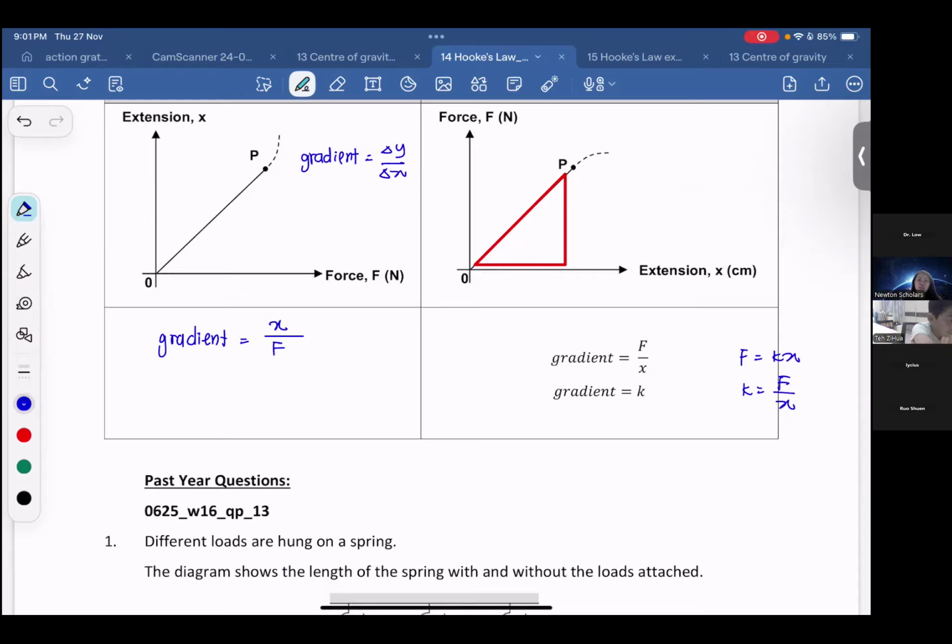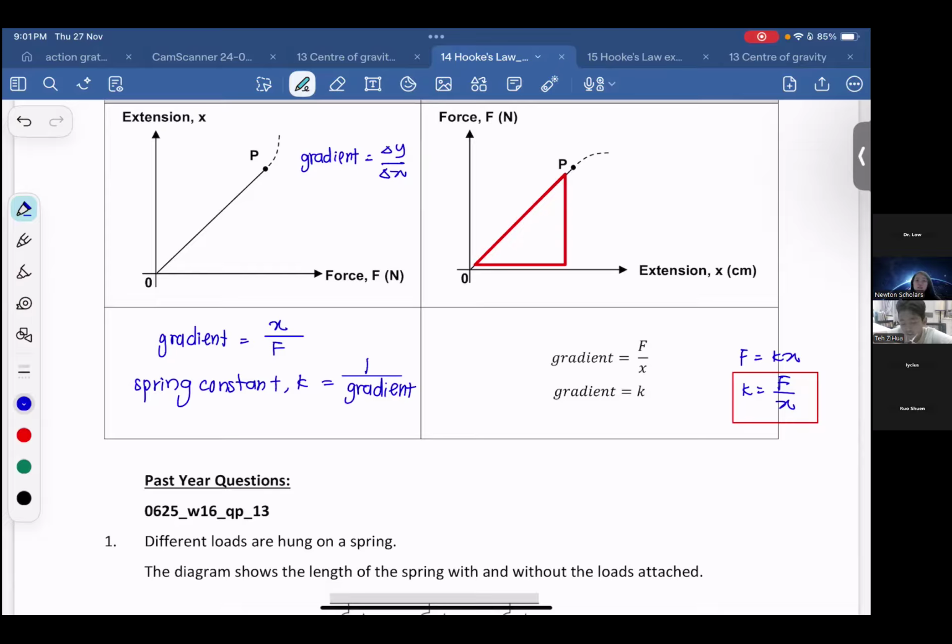What is your x? It is your force. But x over f is not your spring constant. Your spring constant should be the opposite way, upside down. It should be f over x. So if we want to find the spring constant for this question, you should take 1 over the gradient.